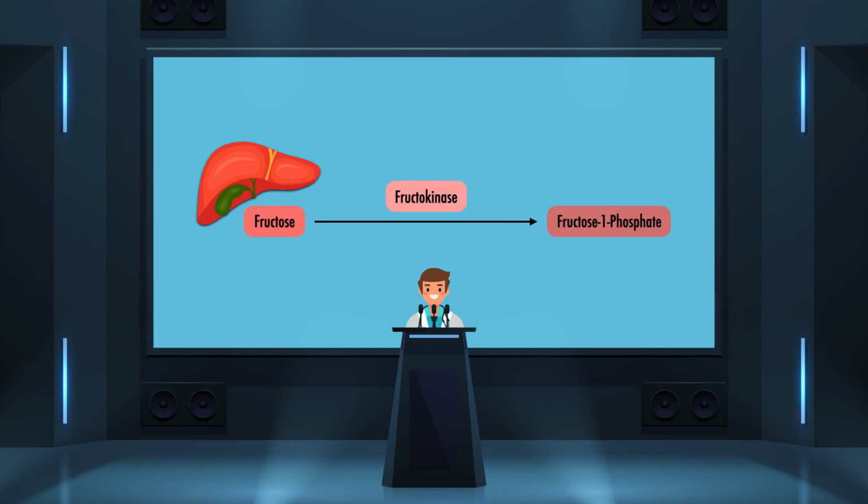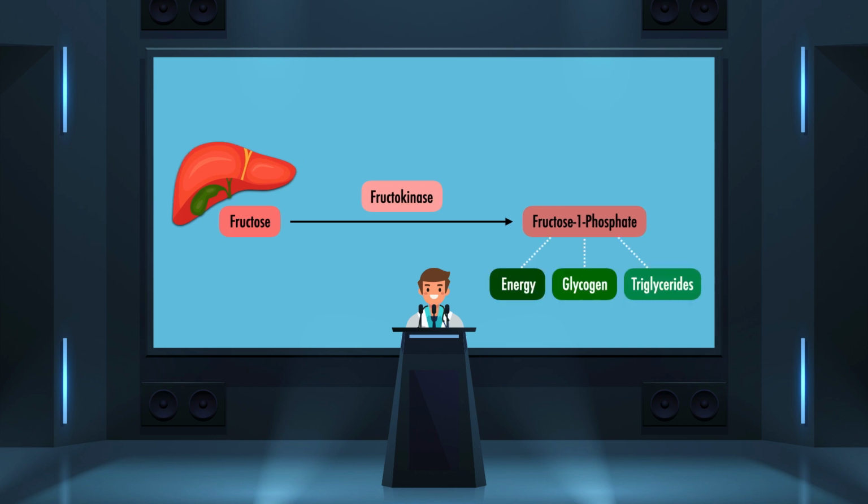In the first step, fructose is phosphorylated to fructose 1-phosphate by the enzyme fructokinase. Fructose 1-phosphate then undergoes further transformation, ultimately entering glycolysis to serve as an immediate source of energy, or it's used for the synthesis of glycogen or triglycerides.